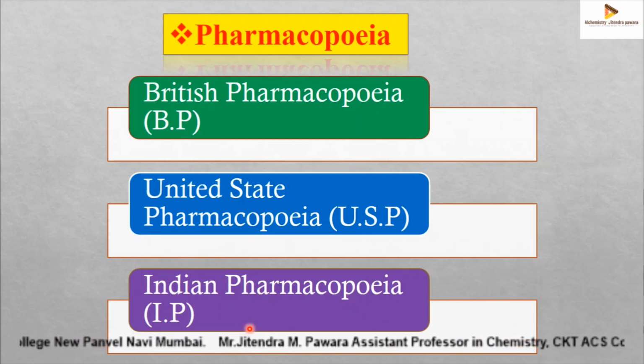The ministry has established the Central Indian Pharmacopoeia Laboratory at Ghaziabad and the Indian Pharmacopoeia Committee. So this is all about the pharmacopoeias, that is British, United States and Indian Pharmacopoeia.